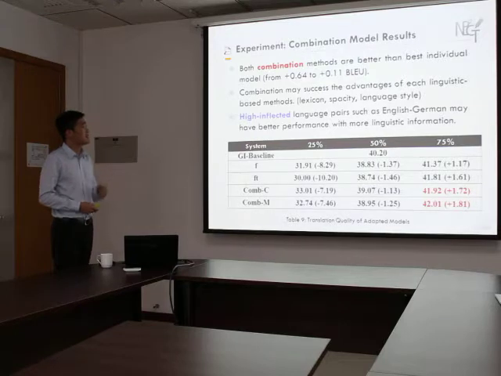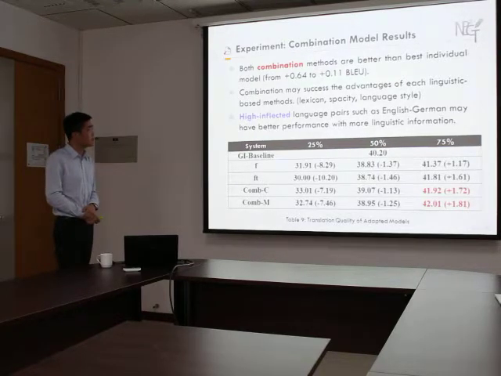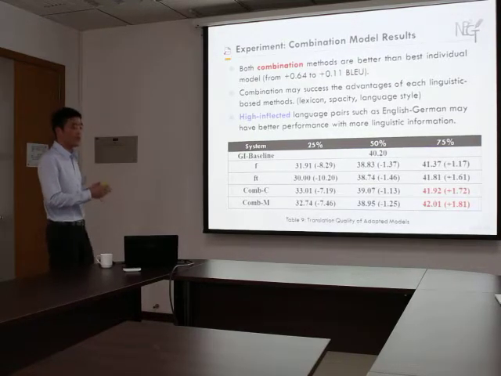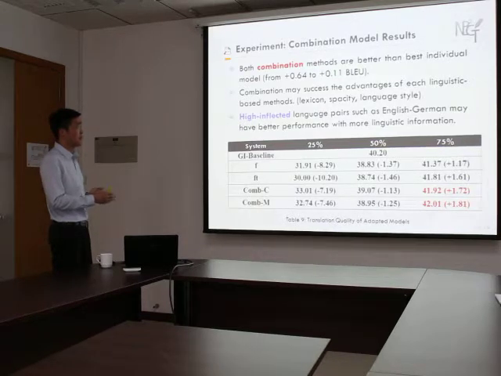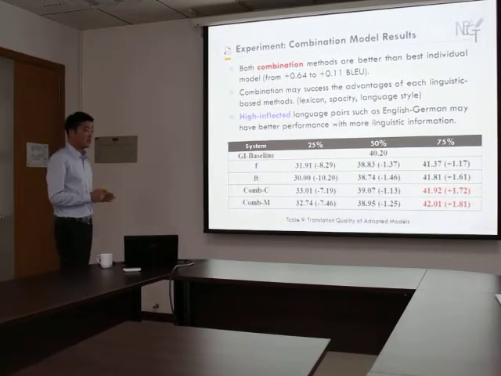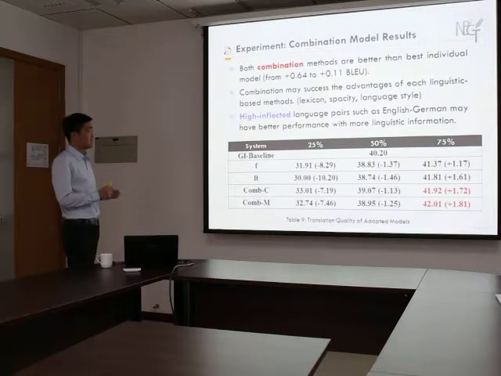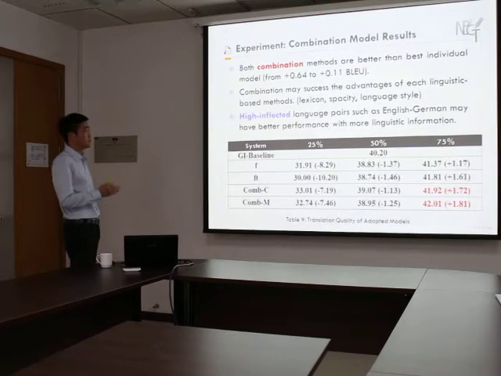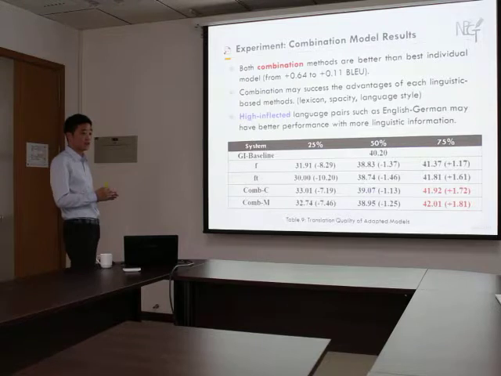Here is the combination model result. I would say both combination methods can do better than the best individual one, by about 0.64 and 0.11 BLEU points. I think combination may succeed in taking advantage of the linguistic-based methods.